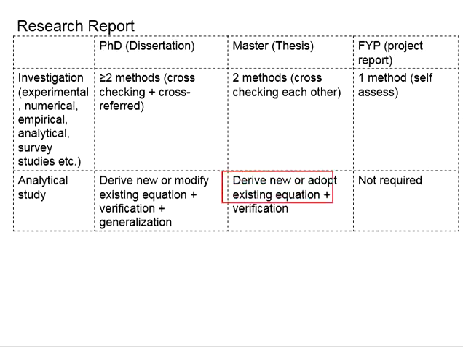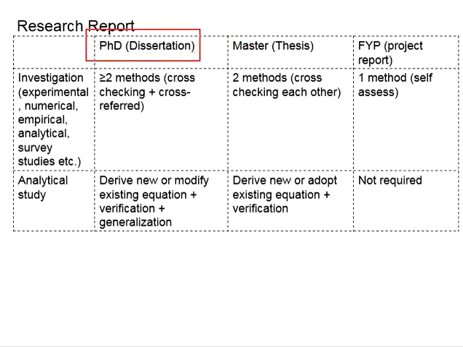Having this done, you will have to do some verifications in order to determine the reliability of the equations that you use to explain a phenomenon or to explain your research topic at the master level.